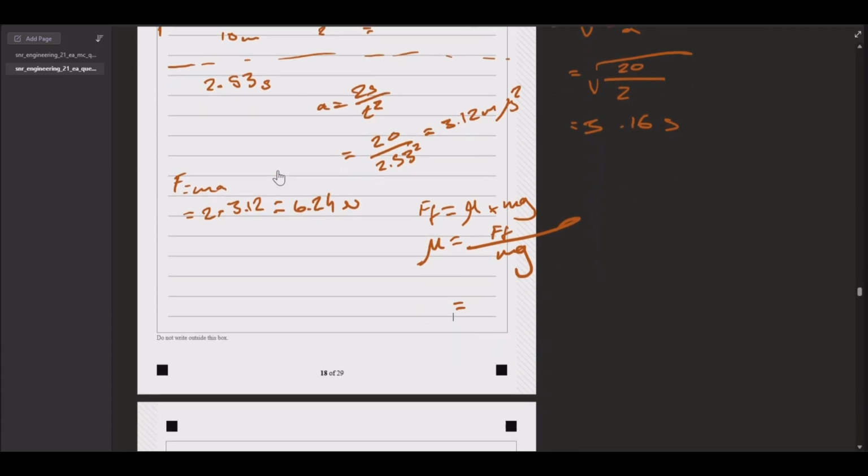So if we bring that back down here, we can say that force of friction is equal to 6.24 newtons, and we have 6.24 divided by 2 times 9.8, which is 0.318, or 0.32.